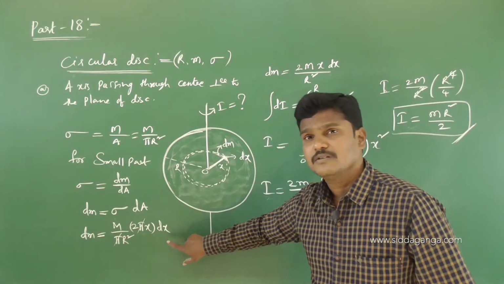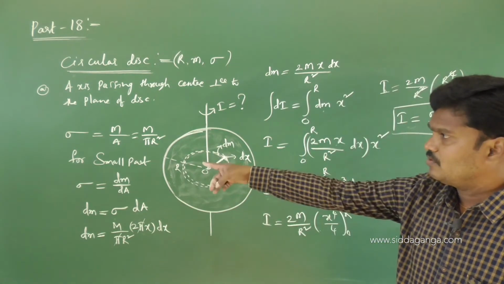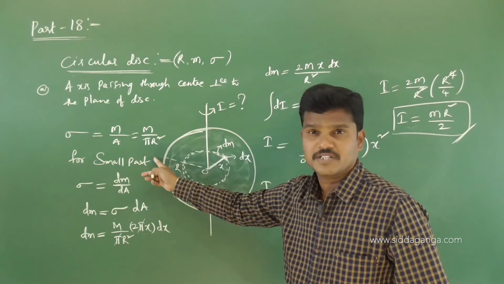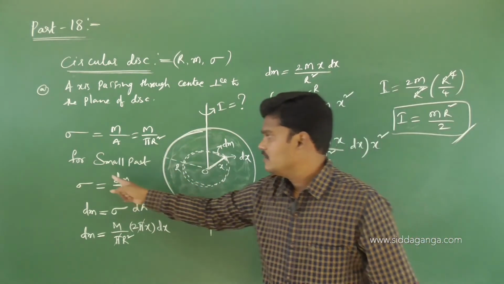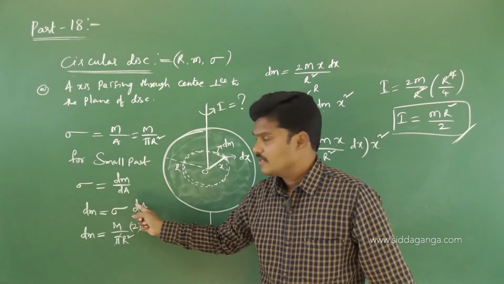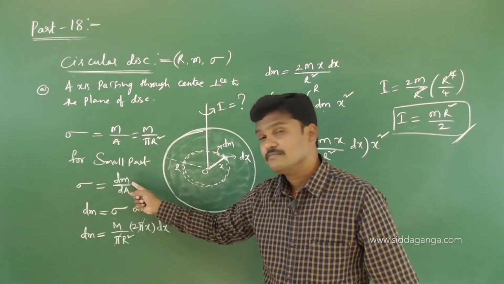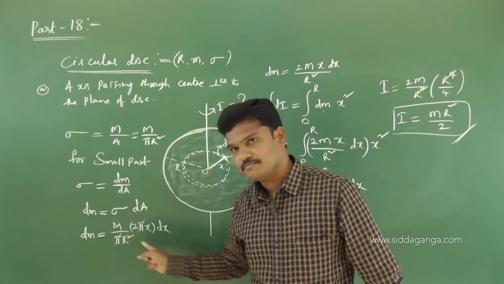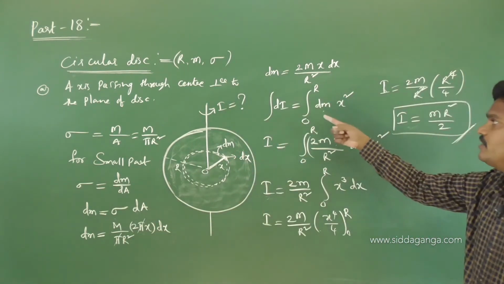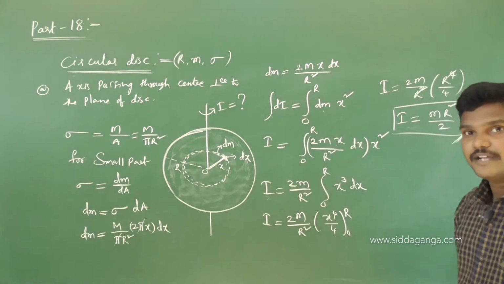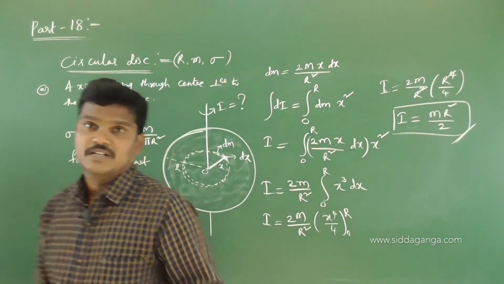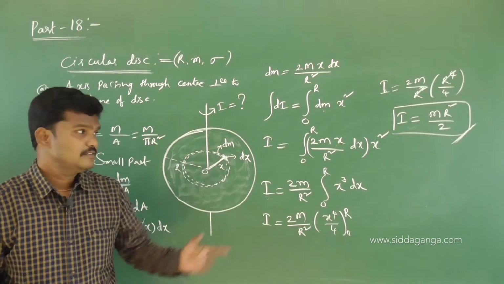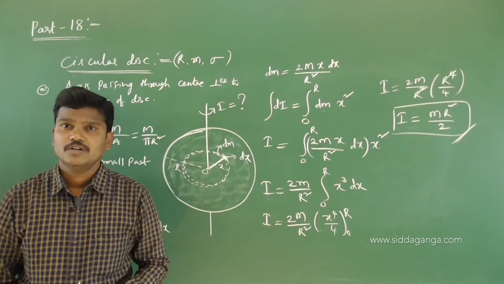I wrote sigma for the full disc as m by pi r square, and for the small part as dm by dA. So dm is equal to sigma dA. Then I got dm and substituted the dm value in our regular formula. Finally I got the moment of inertia of the circular disc about an axis passing through the center perpendicular to the plane as m r square by 2.